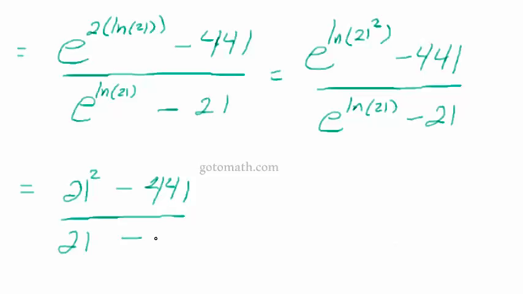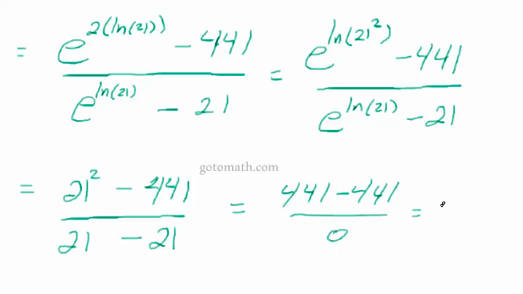Like I said, by 2015, after the first of the year, I should have an algebra button where you can go review your log properties. Okay, so 21 squared is 441 minus 441.